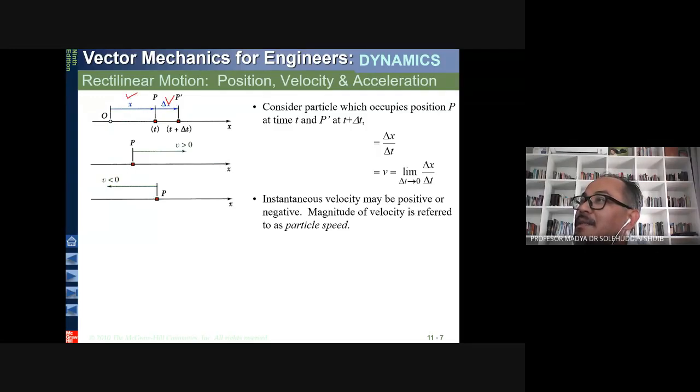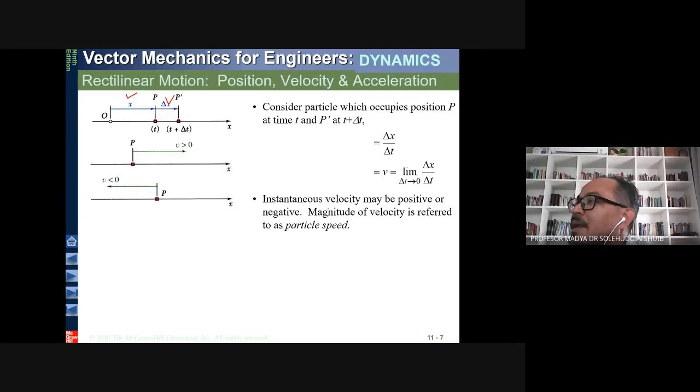When we say the particle is at position P at time t, and P prime at time t plus delta t, we have the instantaneous velocity, so we can get the value of v equal to dx/dt. This basically shows you how to get the value.